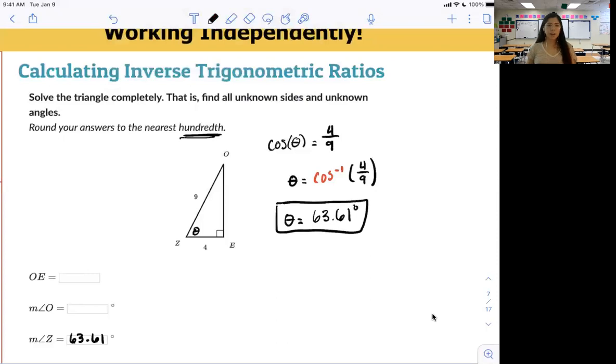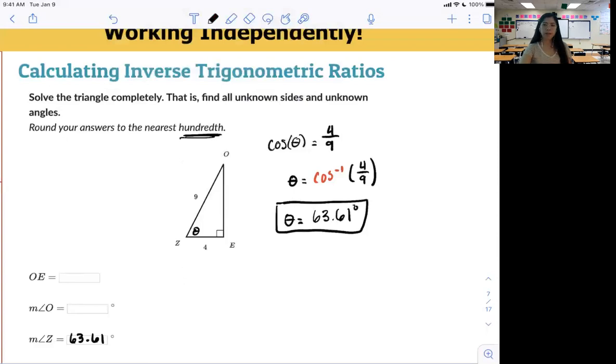How can I figure out angle O? If I know angle Z, how do I get angle O? Add Z and E. Yeah, because what are they supposed to add up to? 180.